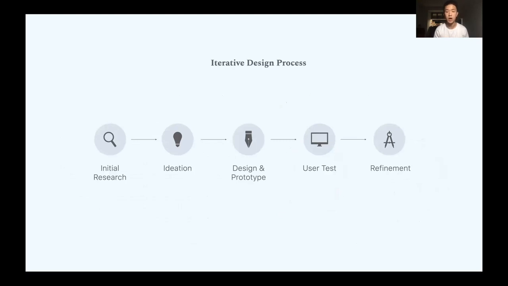Then for the design prototype, we had our first iteration. After that, we went into user tests and evaluation to really understand how people perceive our design and visualization, gathering insights in order to lastly refine our visualization, as well as consolidate the opportunities and insights that we're presenting in this presentation.